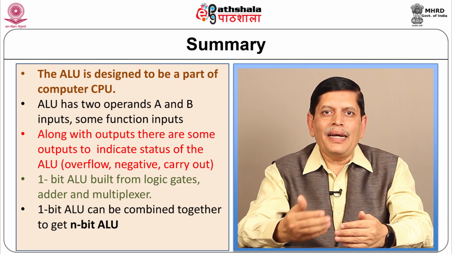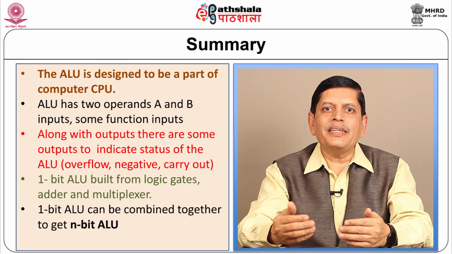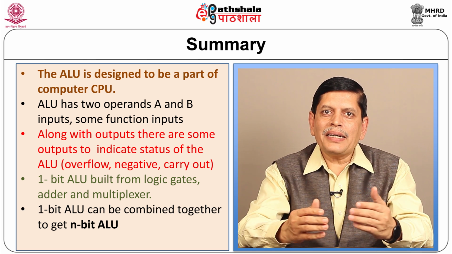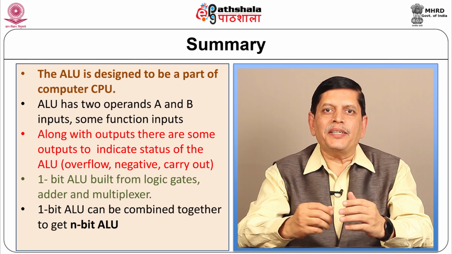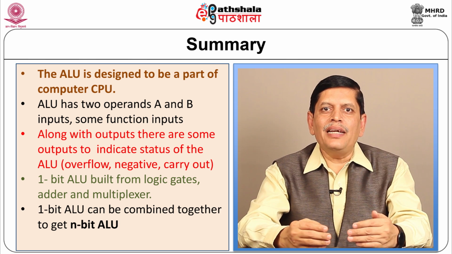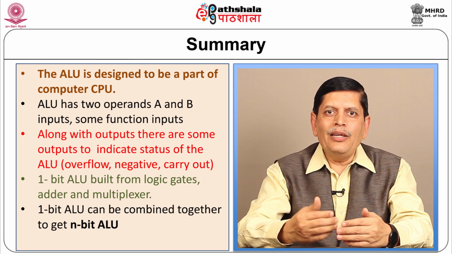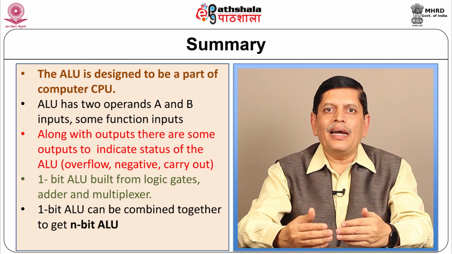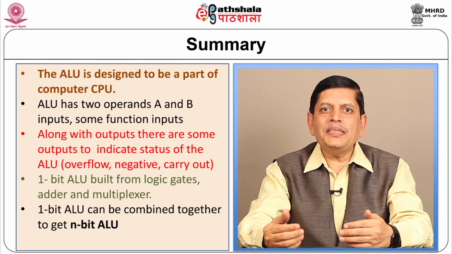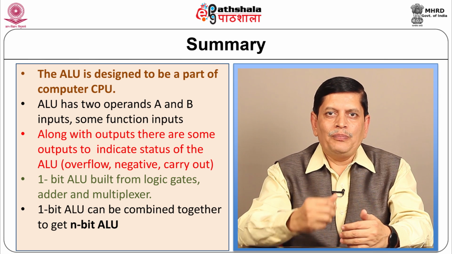Let us now summarize the things that we have studied in this module and consider some of the take home points. Initially, we have studied what the ALU is. ALU is basically the arithmetic and logical unit, which is the heart of every CPU.